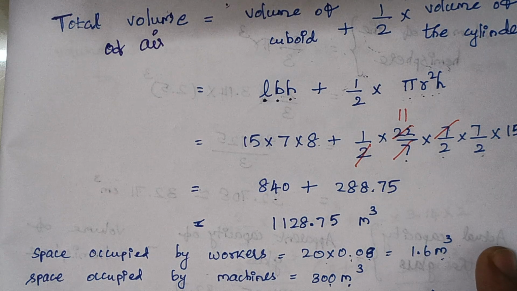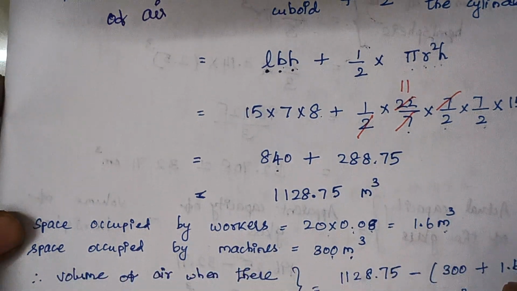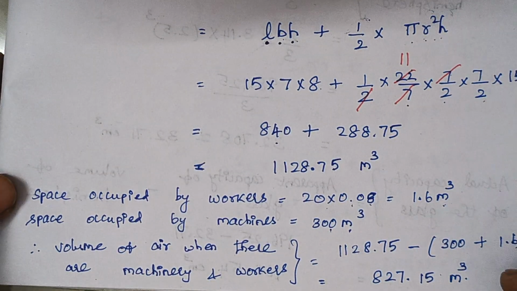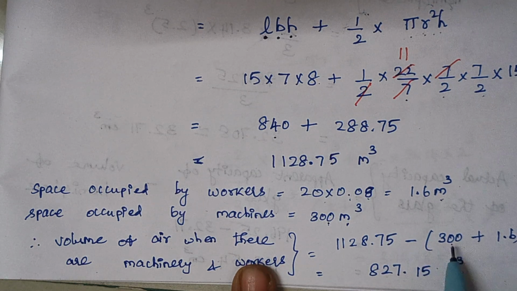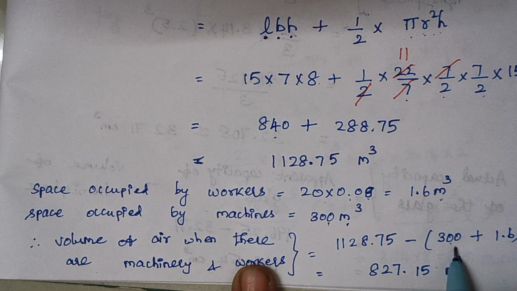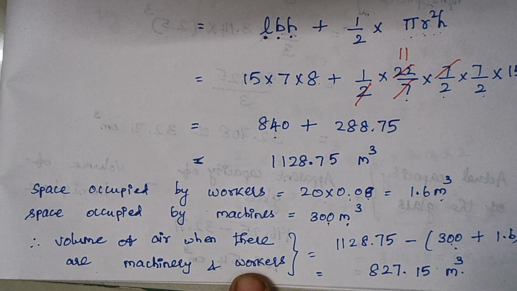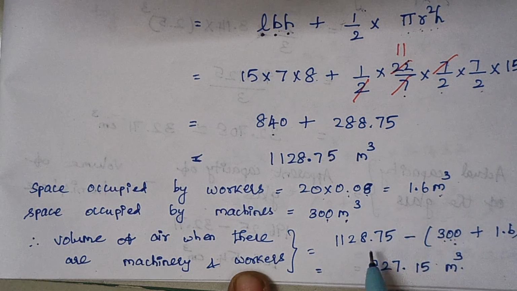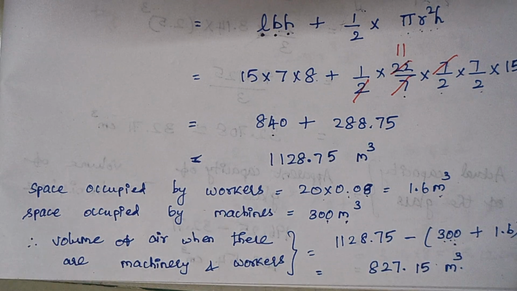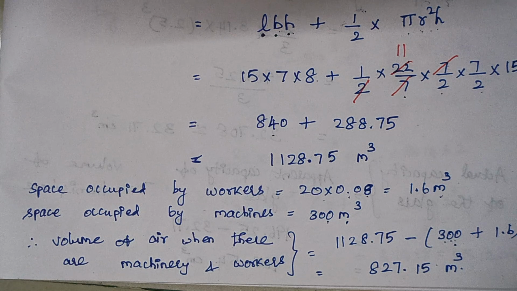So now what about the volume of air there? Right. So the volume of air now is, you see, nothing but the total volume minus the space occupied by the workers and the space occupied by the machines. Right. So now you have to subtract these two parameters from this total volume. Then only we can get the volume occupied by the air here.